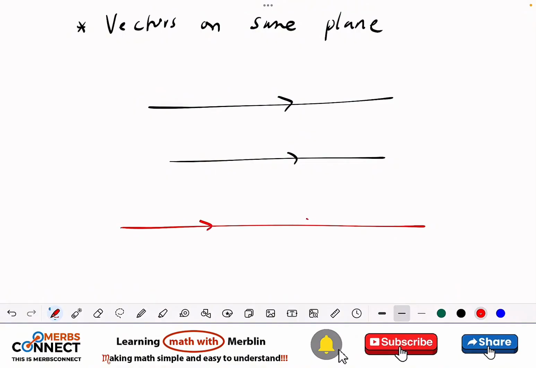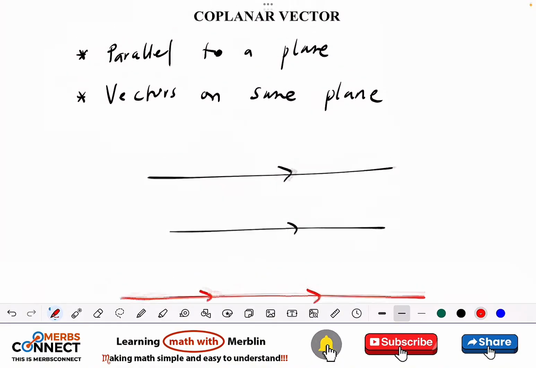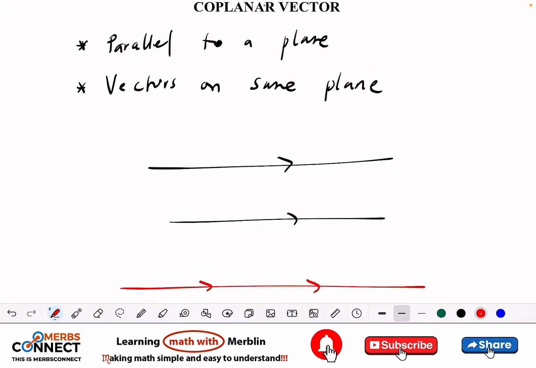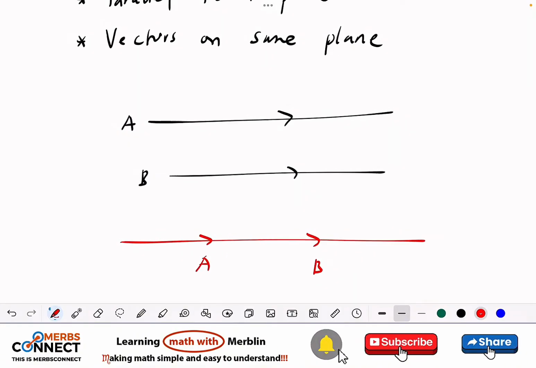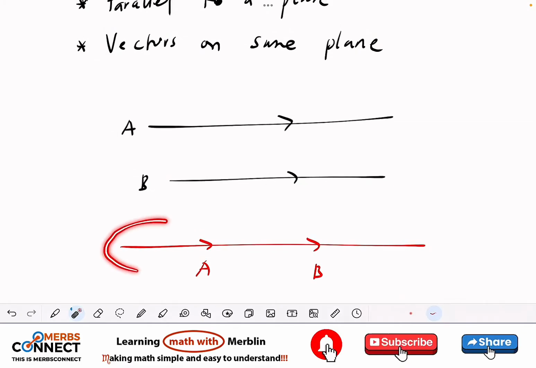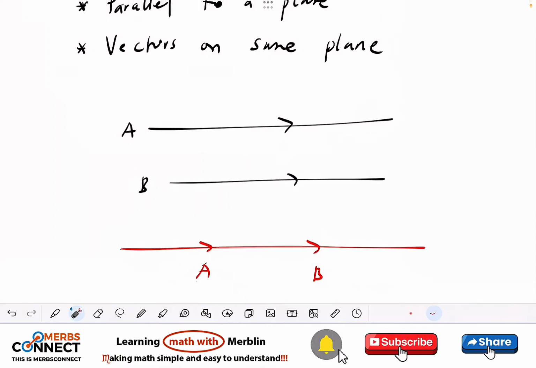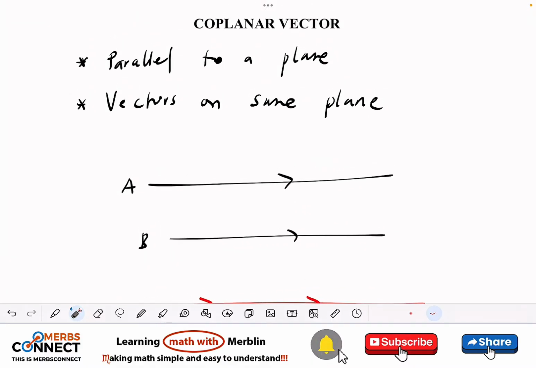One is here, one is also here. Then we are saying that these two vectors are coplanar. Like this is vector A, this is vector B. This one too can be vector A, and this one too can be vector B. So the vectors are on the same plane, or they are parallel to each other on the plane. So we are saying that this is coplanar.